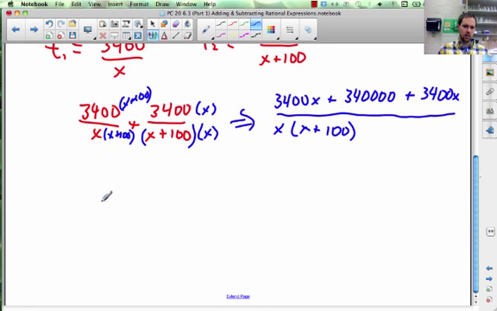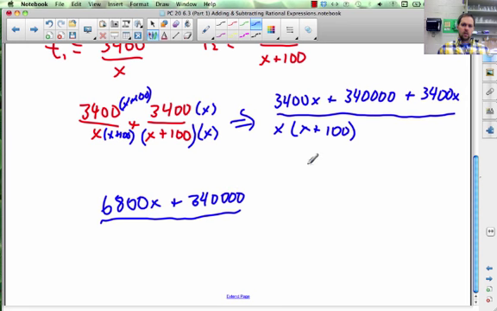So in your numerator, you get 6,800x plus 340,000. And in your denominator, we have x times x plus 100.